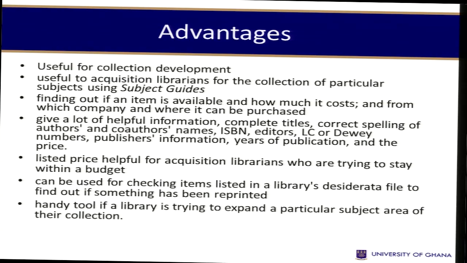So let's look at advantages of trade bibliographies. They are useful for collection development. They are useful especially for the acquisitions librarian, because trade bibliographies also have a supplement, usually known as a subject guide, which is very, very useful.